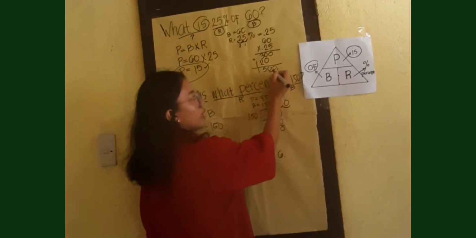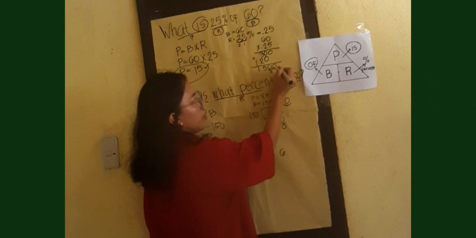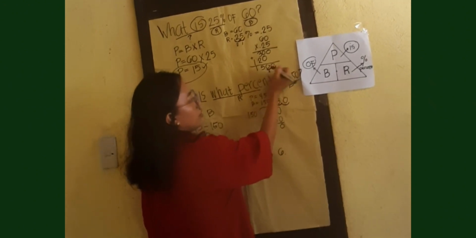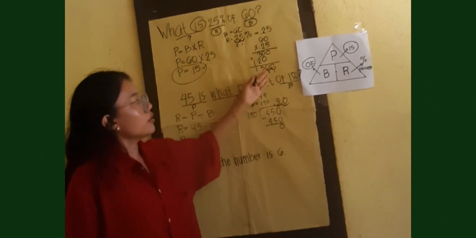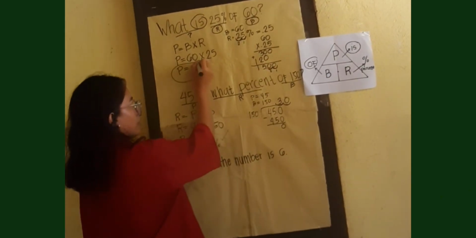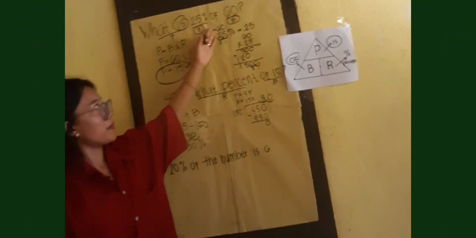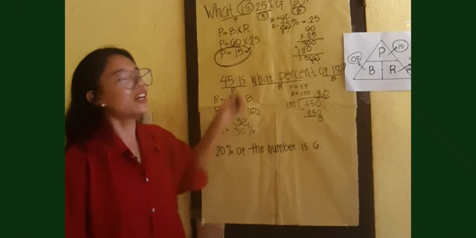So mag-move taga duha para sa atong decimal point. So this is 1, 2 again, 1, 2, so another yung decimal point. So that become 15. So the answer is 15. Okay. So what is 25% of 60 is 15.